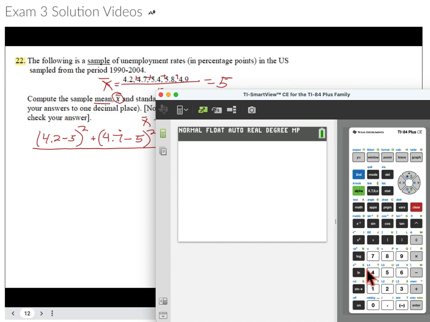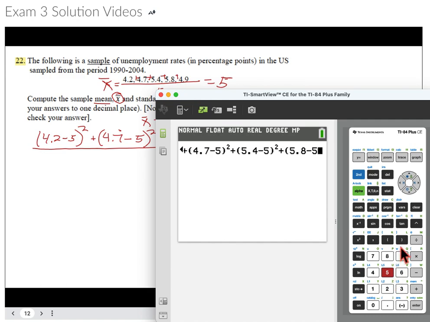Let's go with this. So we've got parentheses 4.2, subtract 5, square it, plus 4.7, second insert, so I don't have to retype it, minus 5 squared, and then we've got 5.4 minus 5 squared, plus 5.8 minus 5.